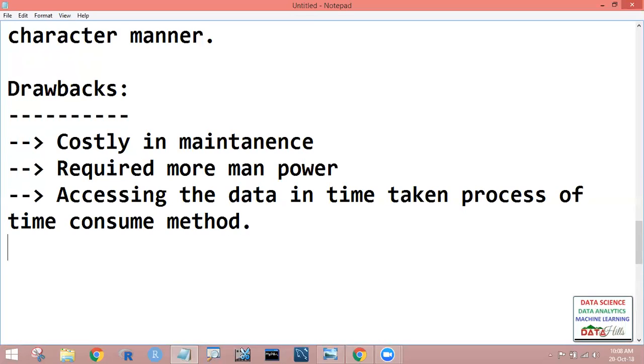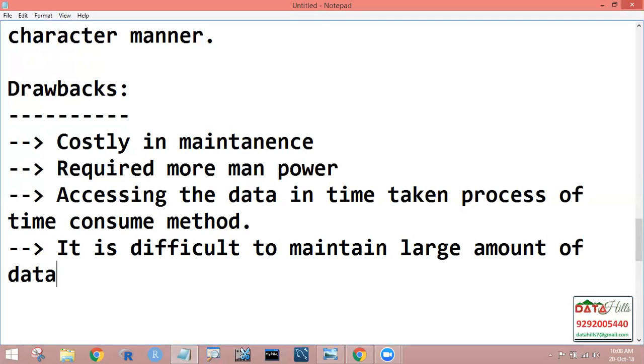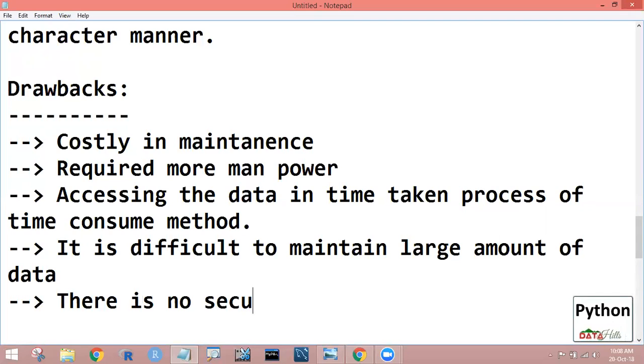And also it is very difficult to maintain large databases, a large amount of data. At the time there is no security. It is one of the drawbacks.